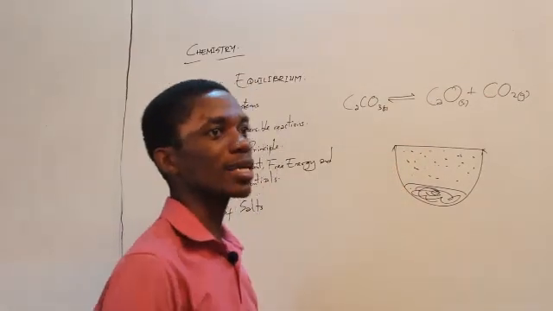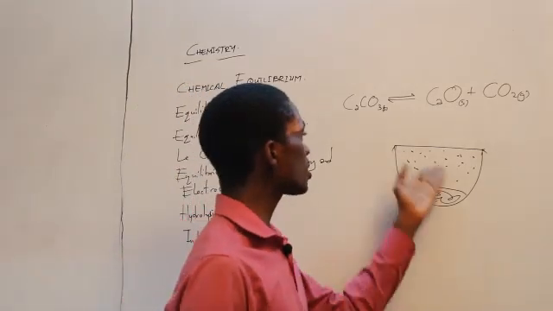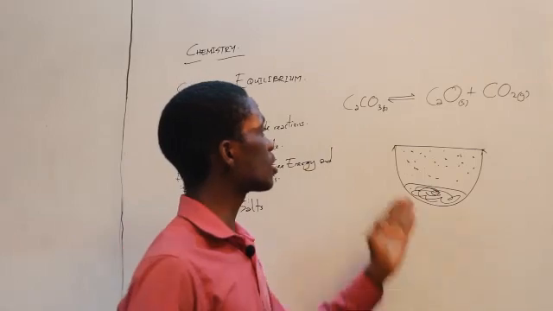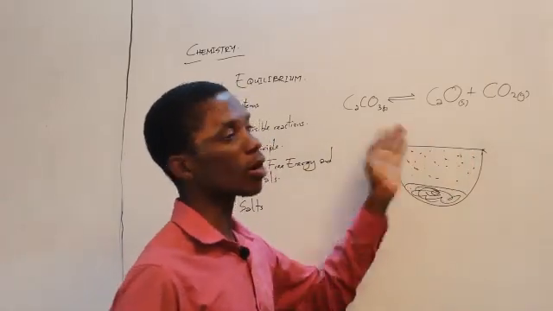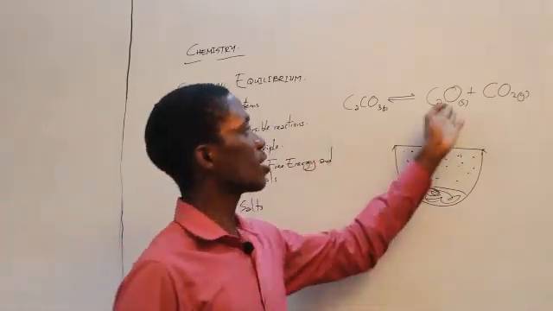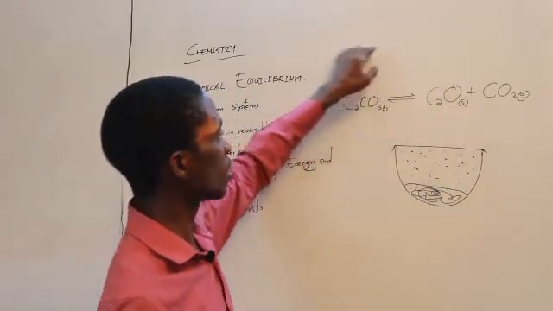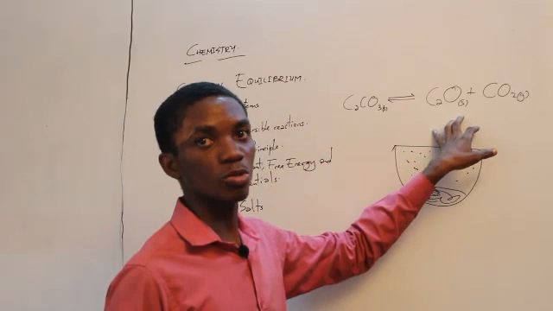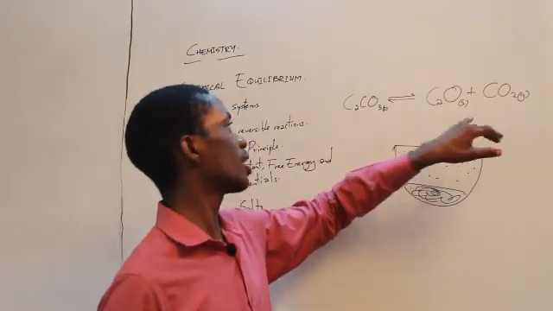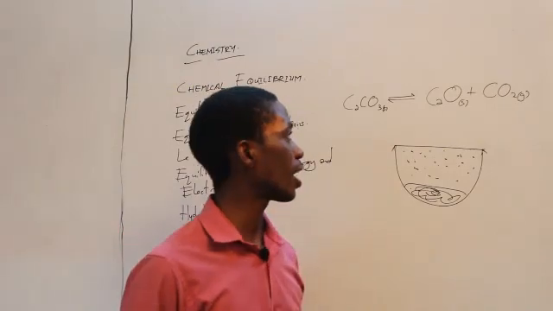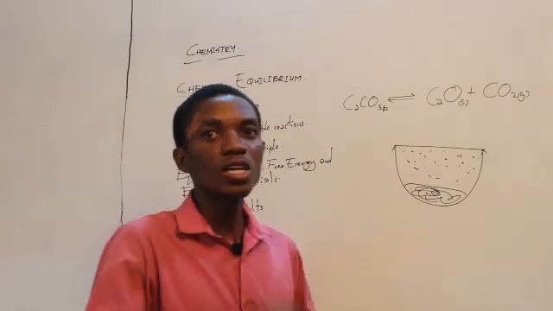No matter how long I keep this reaction going, so long as I'm not taking out any of it from the system, we will still keep having it going forward and backward. There will be production of calcium oxide and carbon dioxide, and there will also be production of calcium trioxocarbonate(IV) on the other side. So it will be balancing out.